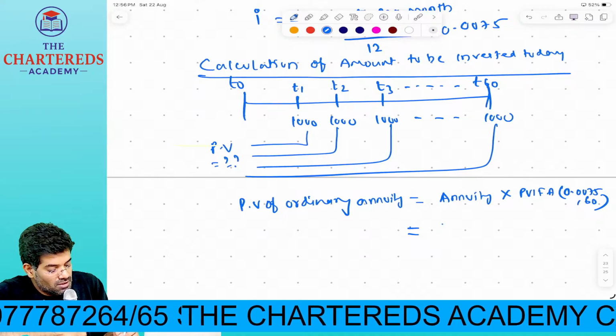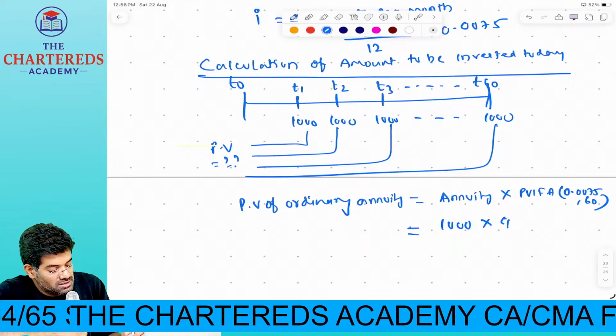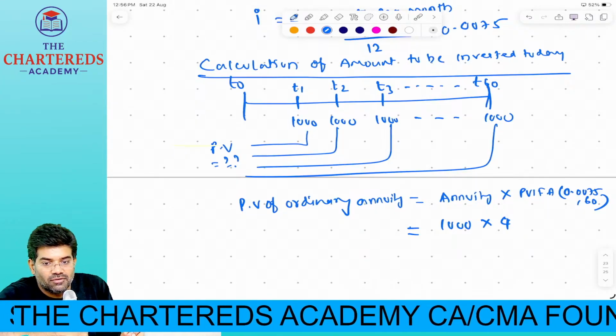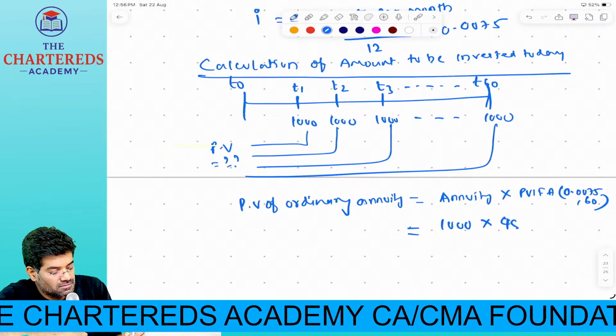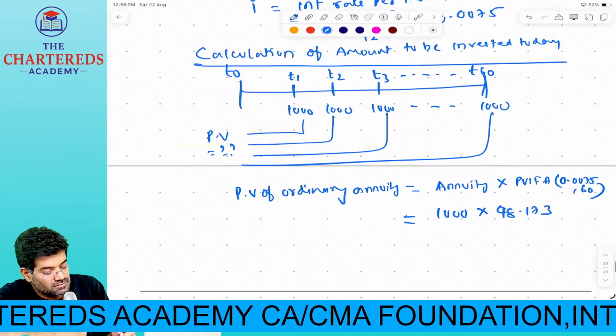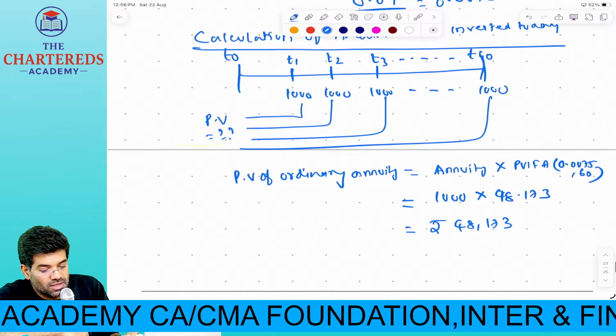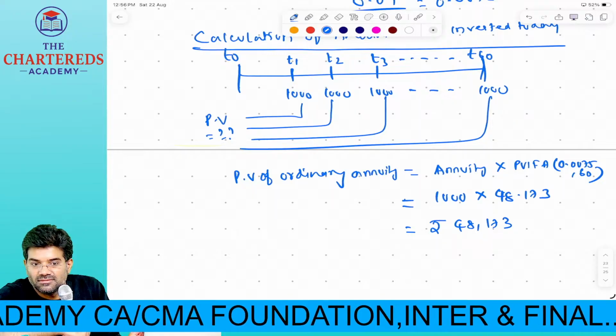This is equal to 1,000 into value of this is 48.173. 48,173 rupees we should invest.